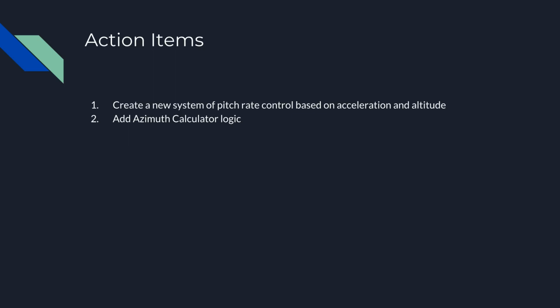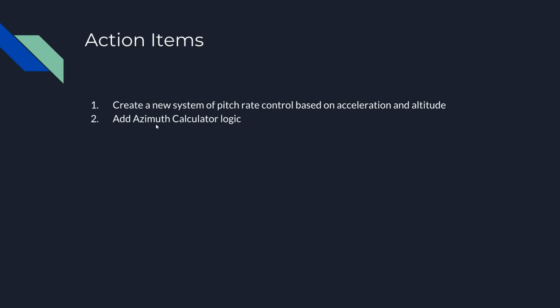This way, I know that no matter what the acceleration is, how much thrust it has, all that stuff, it's going to take that into account based on how fast it's accelerating and where it already is, and it'll make it much nicer, smoother and much better controlled.